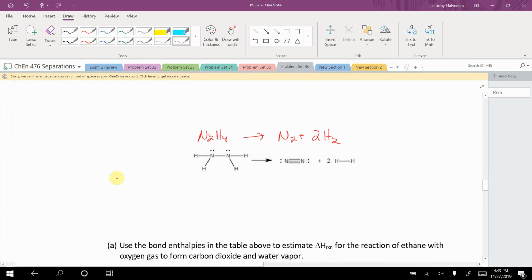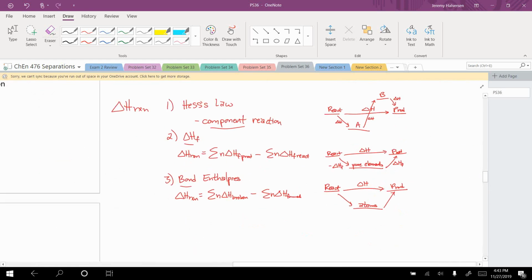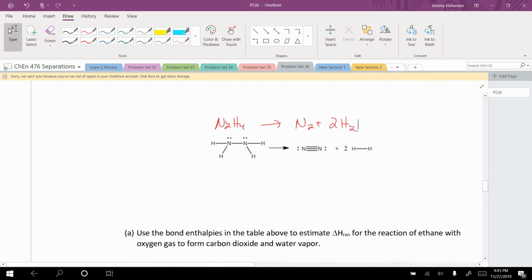So I'm given bond enthalpies, so I'm going to say, just as I've got right here, delta H of reaction is bonds broken minus bonds formed. So the delta H of this reaction is the sum of n times enthalpy of bonds broken minus the sum of n times enthalpy of bonds formed. So what bonds are broken here?